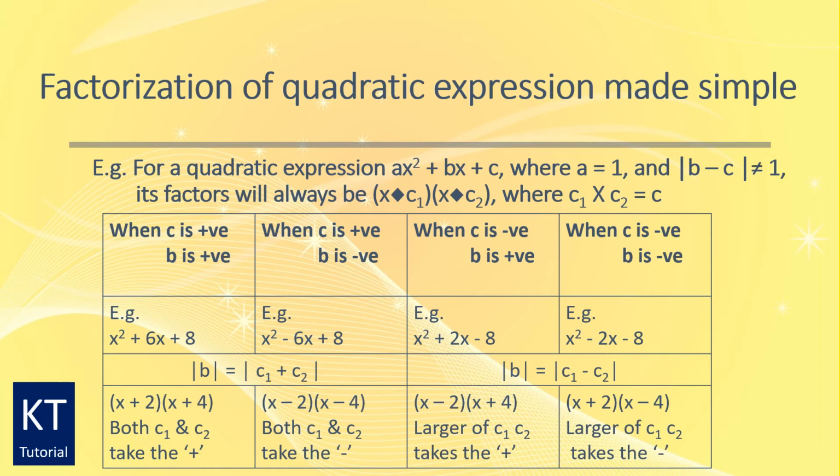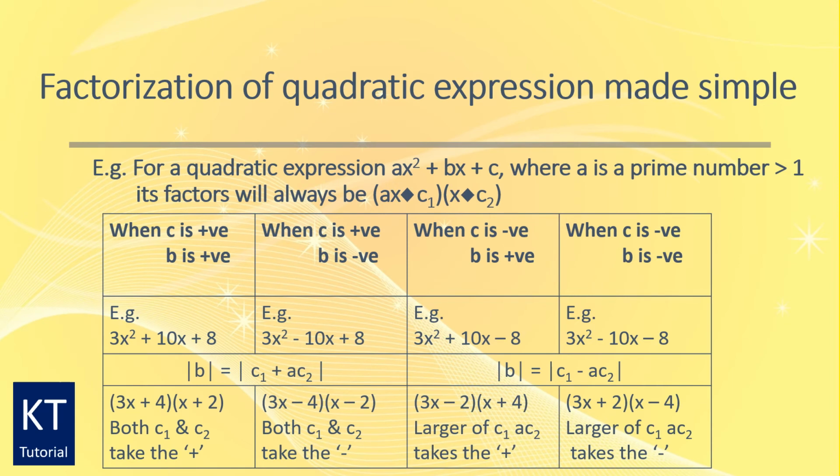In column 2, when c is positive and b is negative, both c1 and c2 will take on the symbol of negative. In column 3, when c is negative and b is positive, the larger of c1, c2 will take on the symbol of positive. And in the fourth column, when c is negative and b is negative, the larger of c1, c2 takes the symbol of negative.